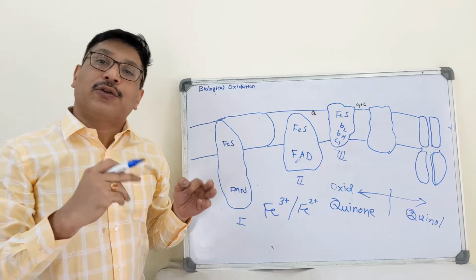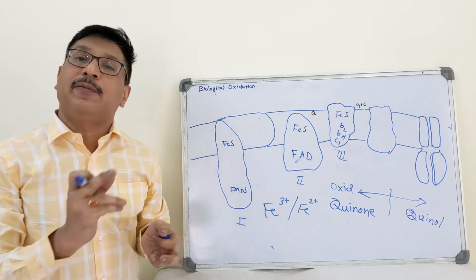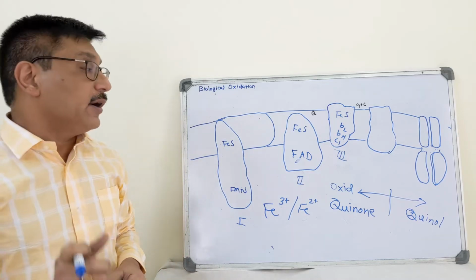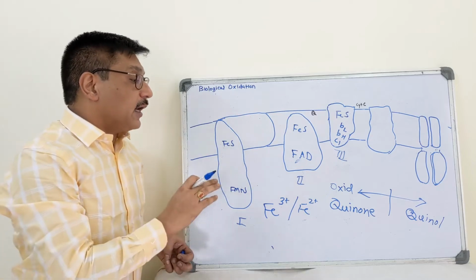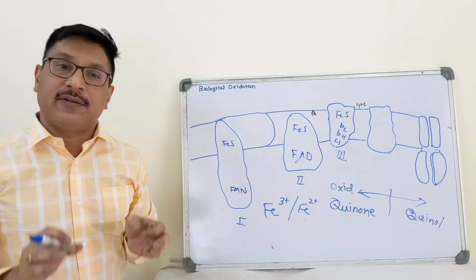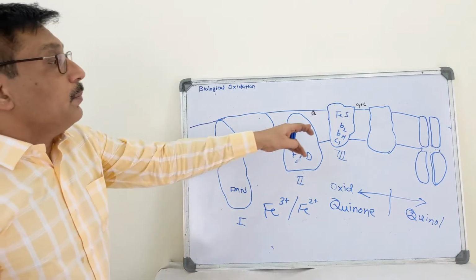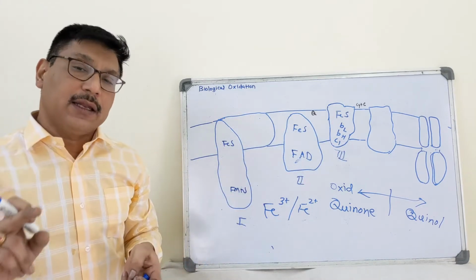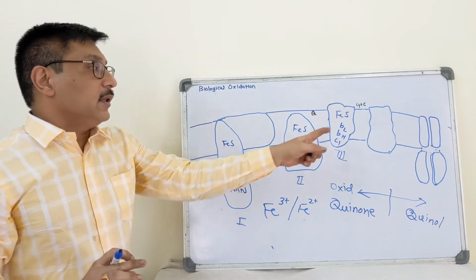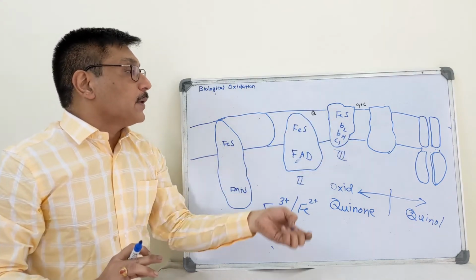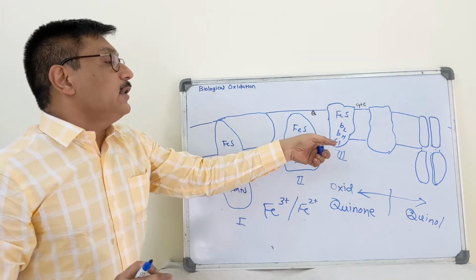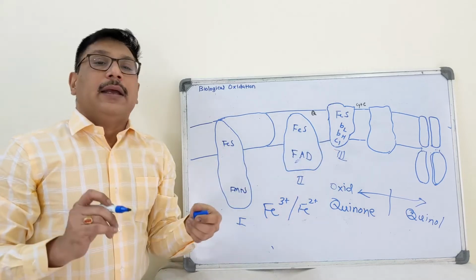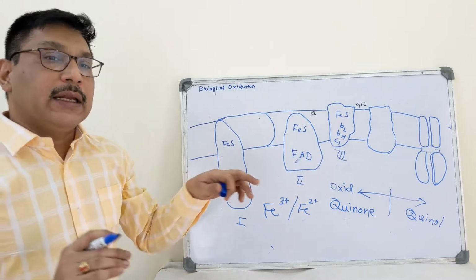The iron oscillates between Fe3 plus and Fe2 plus during oxidation and reduction reactions. These are classified under dehydrogenases. Bl and Bh cytochromes are attached to a single polypeptide chain, and C1 is also a heme containing protein.